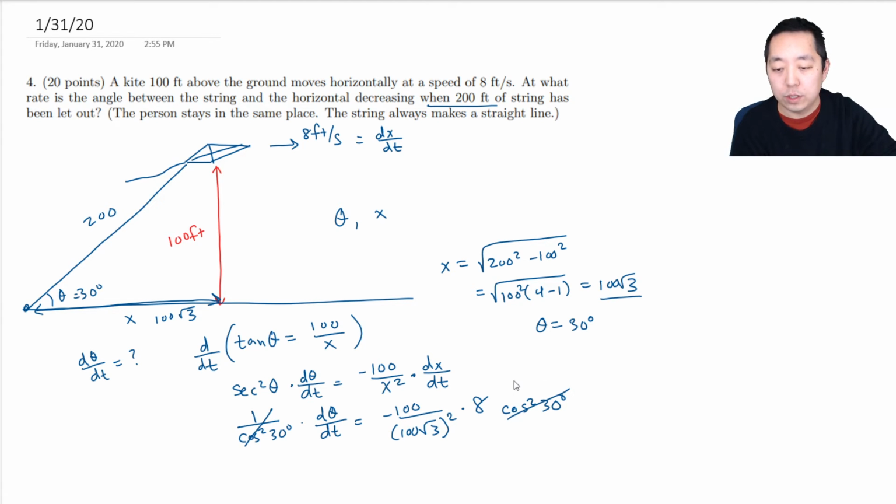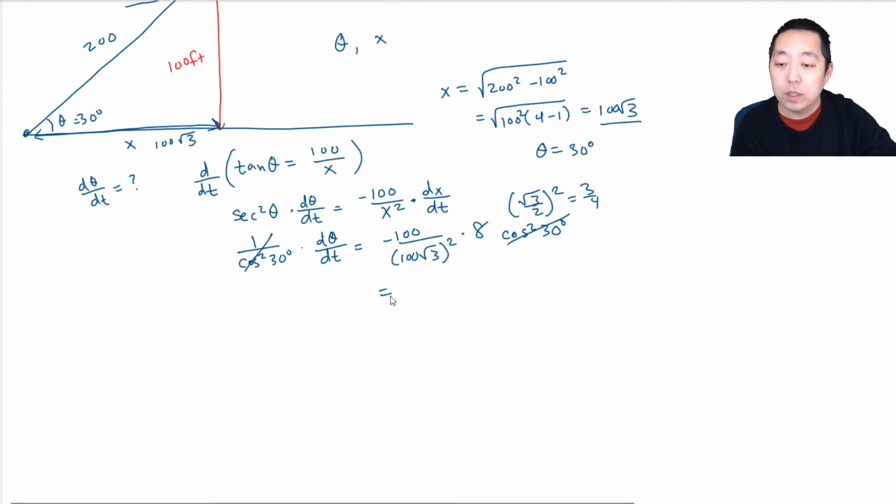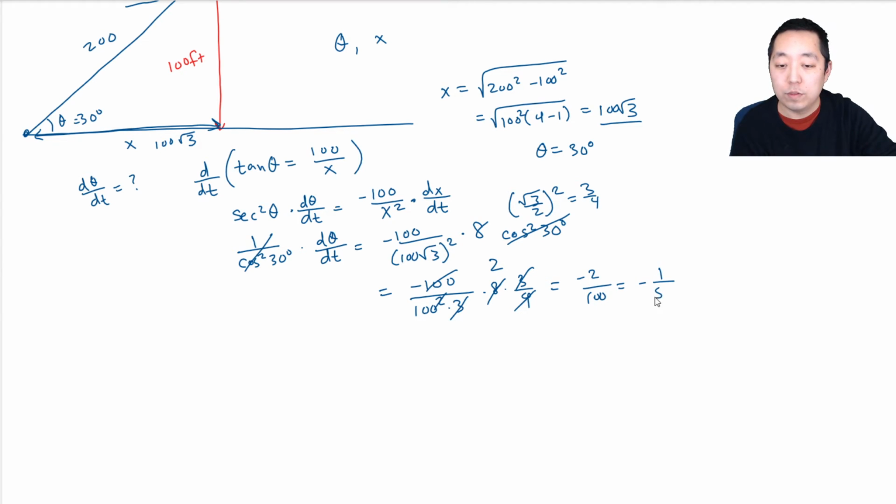That is root 3 over 2 quantity squared, which is 3/4. So this whole thing is negative 100 over 100 squared times 3, times 8, times 3/4. The 3s will cancel, one of the 100s will cancel, and that will be negative 2 over 100, which is negative 1 over 50.